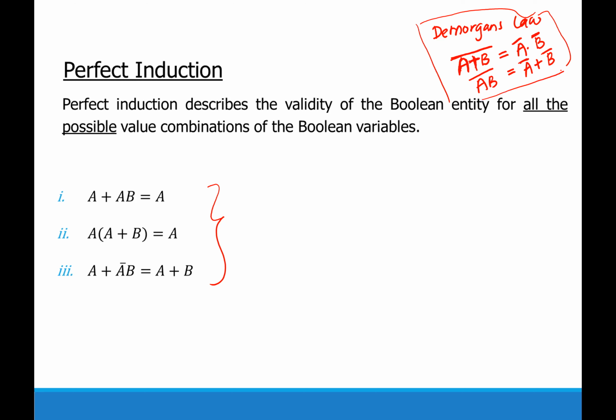Later we will discuss more problems related to De Morgan's law. If you do not get the better idea, you will learn that later. So are you okay with this? Okay, the next one is the perfect induction.